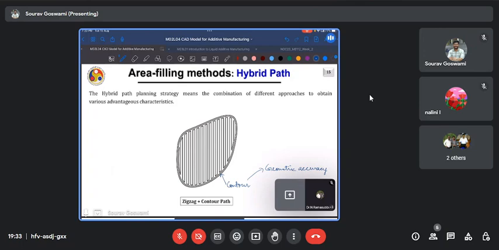So we have maybe two to three layers here, which is usually called the outer boundary or the perimeter. And then once we reach the bulk, we deposit in a zigzag path. So this will ensure that we get good density, a high infill percentage, as well as shorter process times as the number of liftoffs are minimized.